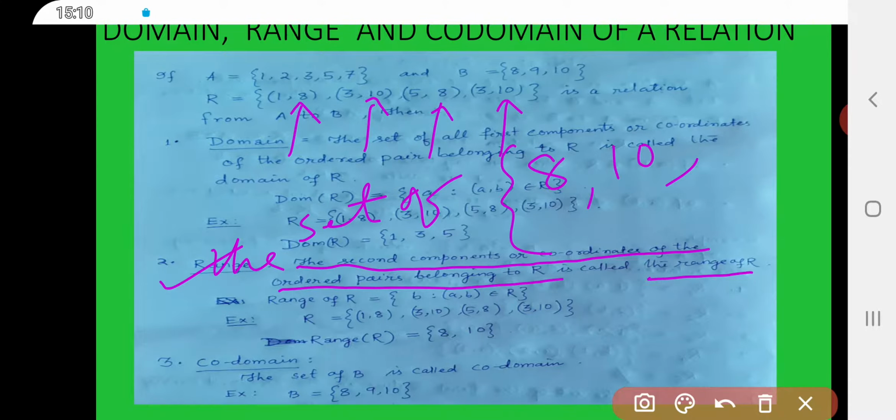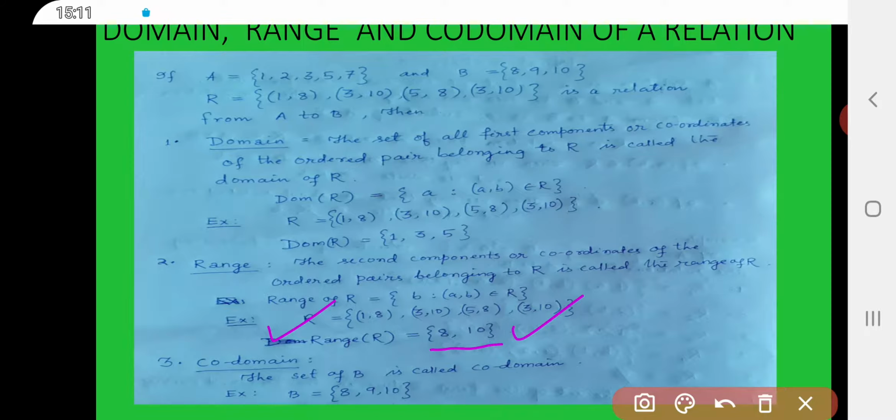So the set of the second components is your range. Here you see the range of R contains 8 and 10.